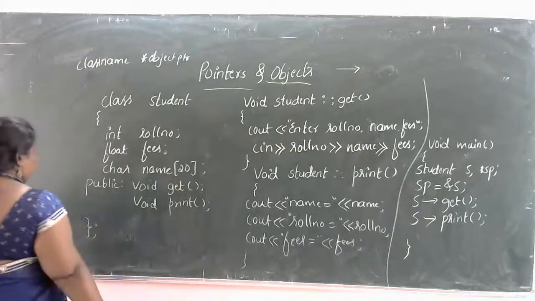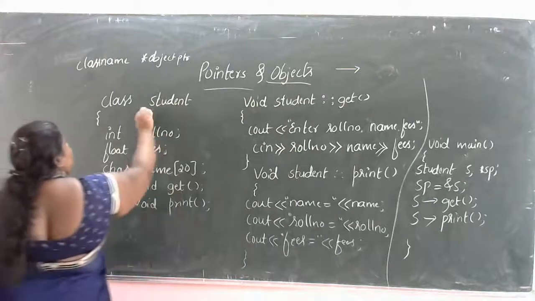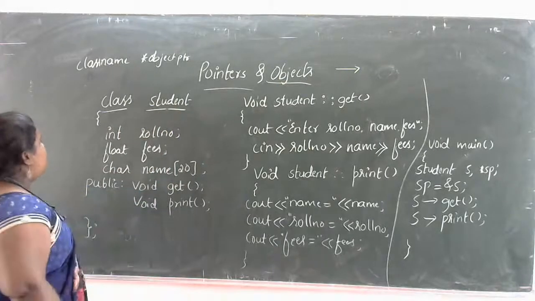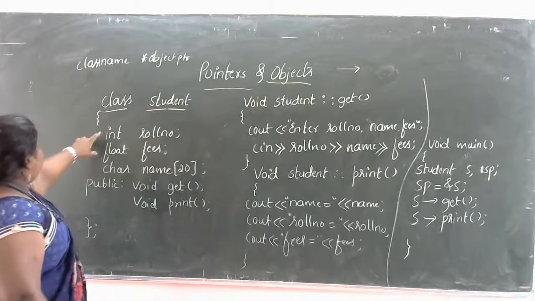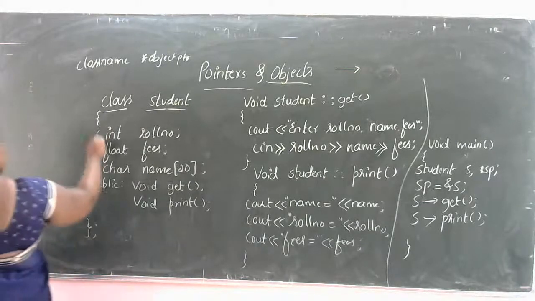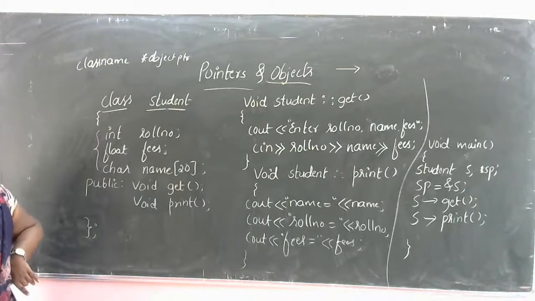We will see the program. Class student. Class is a keyword, student is a user-defined class name, and you have defined members of type int, float, char. Here we have not specified any access specifier. By default, which access specifier is it?